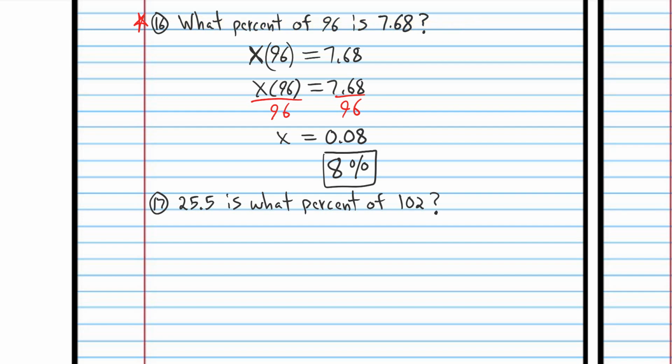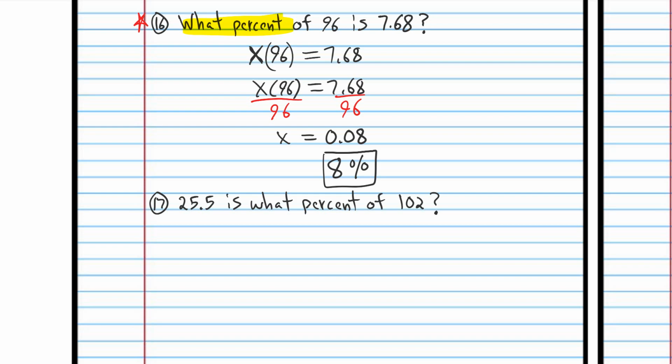It's the same problem, but it's wording it differently. 25.5 is what percent of 102. So I'm doing that on purpose because I want you to know that there's different ways to word these problems. But the important thing is these problems are both looking for percent, which means that they're going to both be the same problem pretty much. So you set it up the same way.